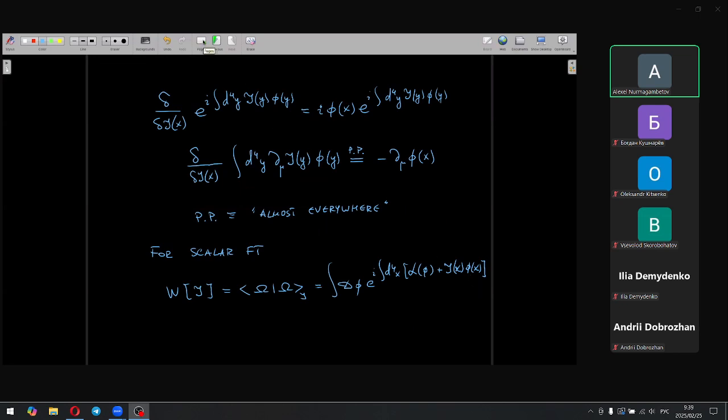And in fact, if we form the combination like minus imaginary unit, then functional derivative over source J at point x1. Here we have the same combination for the point x2.